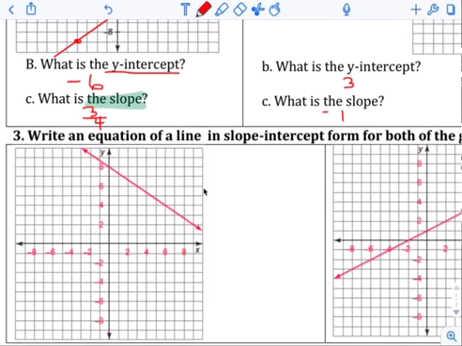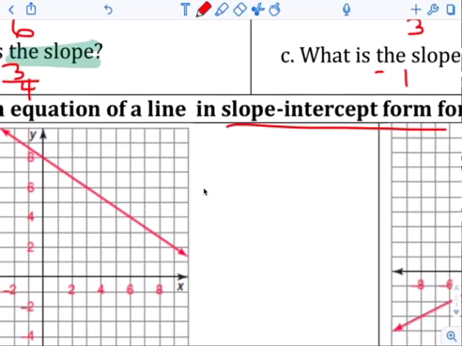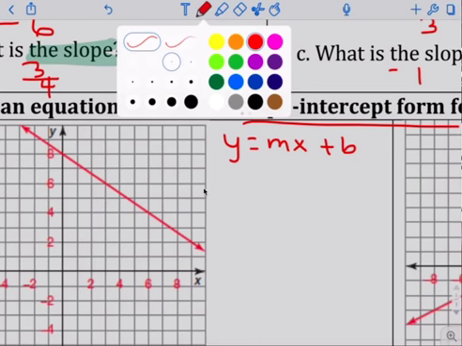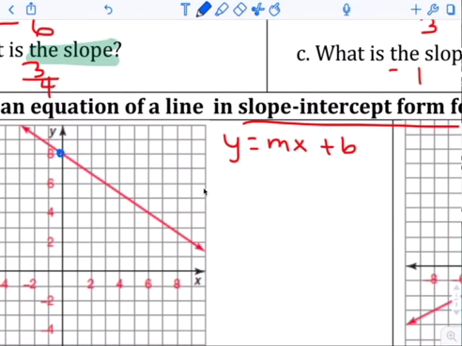Write an equation of a line in slope-intercept form for both of the graphs below. Slope-intercept form is y equals mx plus b. Okay. This is the y-intercept. That's the b. So b is 8.